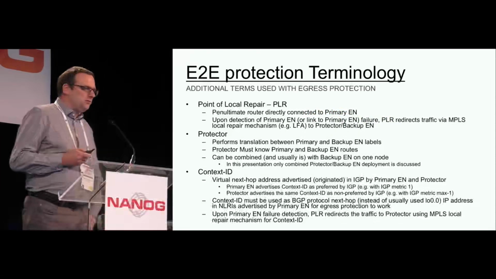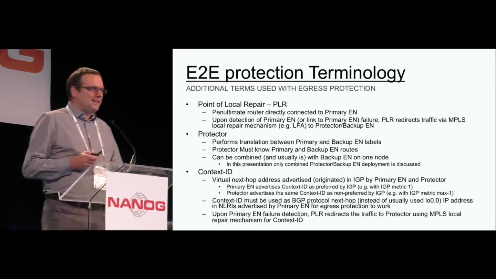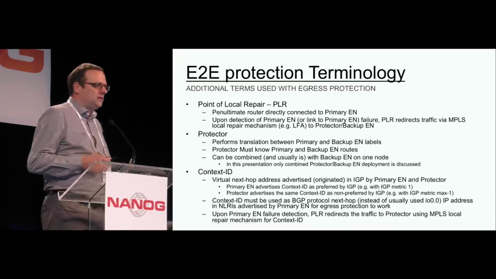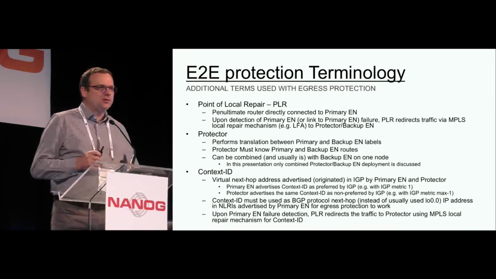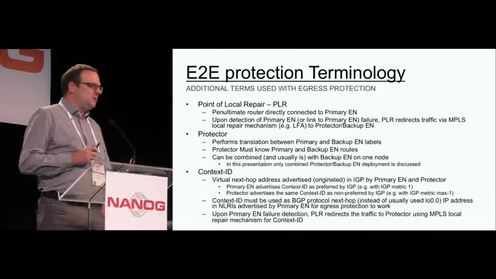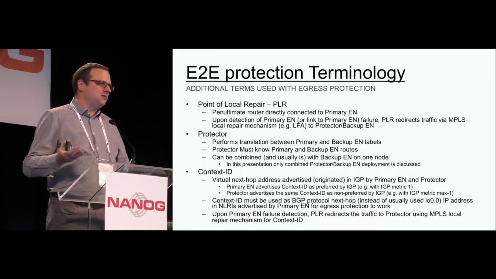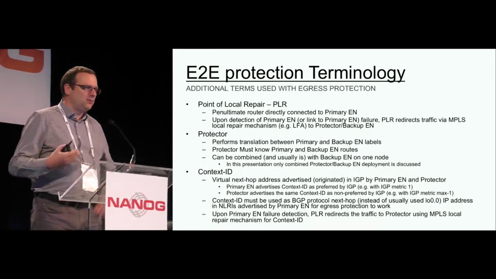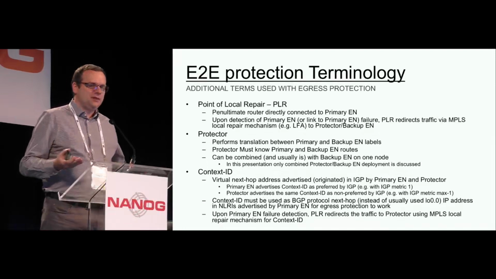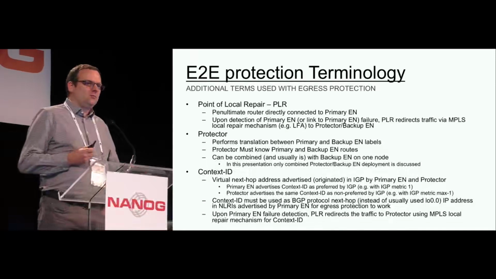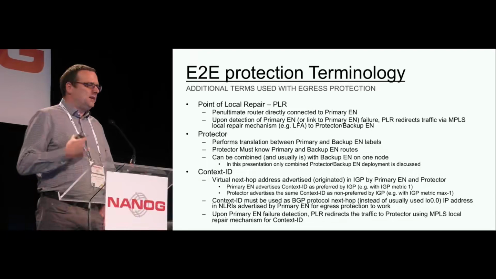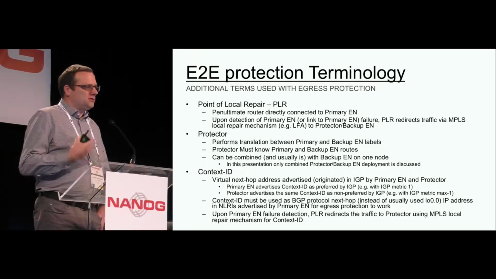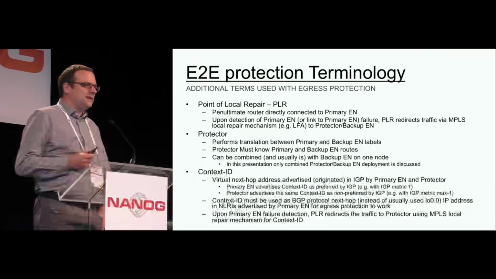What we introduce here is something called context ID. We can imagine the context ID as a kind of virtual loopback that is used as the next hop when the VPN prefixes or the service prefixes are advertised. Normally, when we advertise the service prefix, we use a loopback. Here, instead of a loopback, we use this virtual loopback, which we call the context ID.